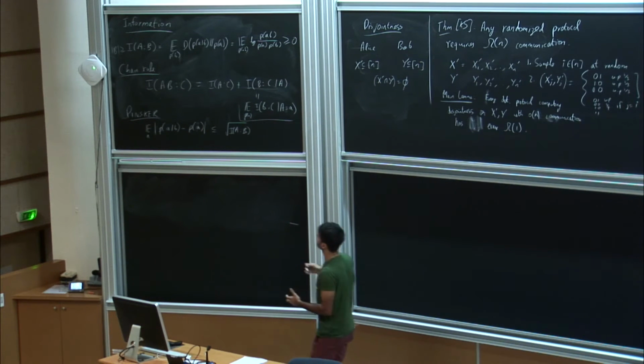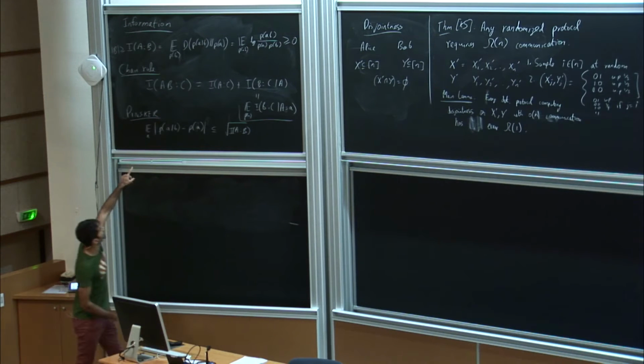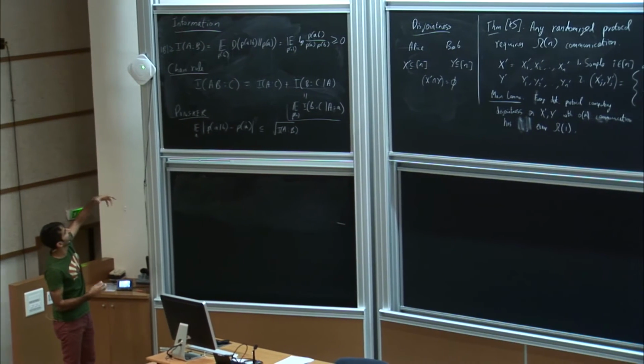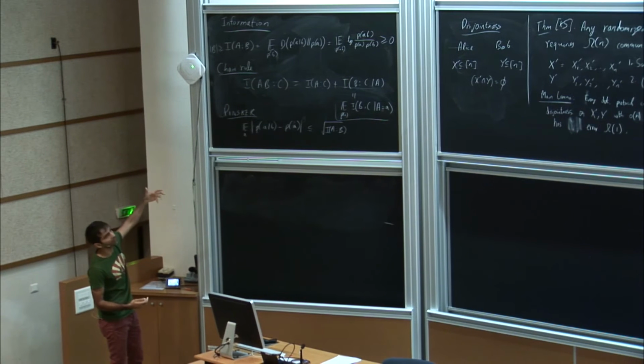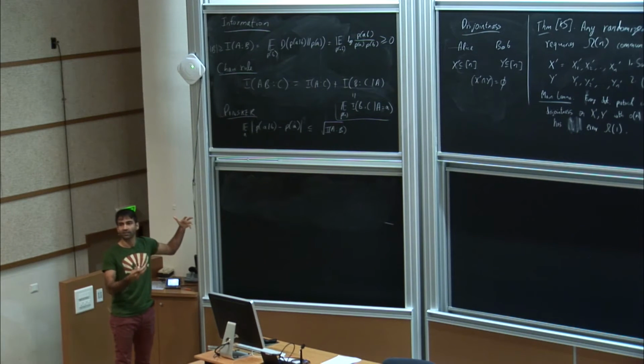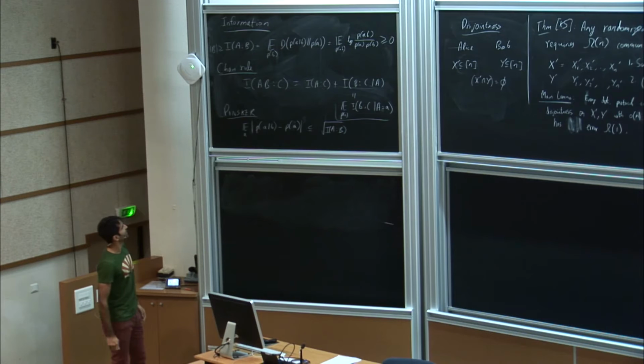The very nice thing about information is that it has this nice chain rule. There's a way to say that the information that C has about two variables A and B can be expressed as a sum of the information of the parts. Another nice thing is that it tells you something about how independent A and B are.